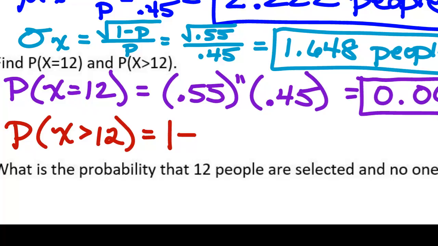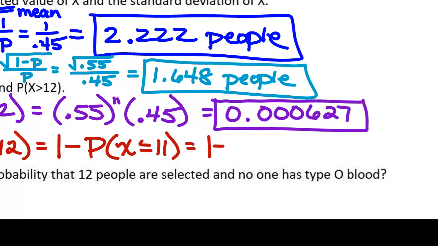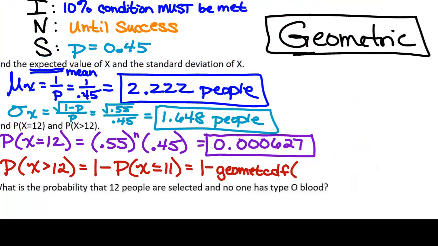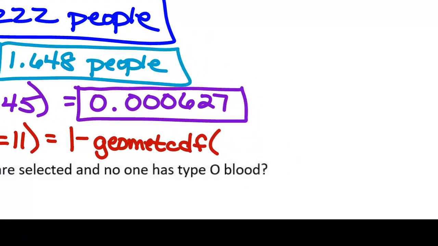Yes, 1 minus the probability that X is less than or equal to what? 11, yes. So I would do 1 minus, what kind of random variable did we say this was again? Geometric, so geometcdf. What parameters do I need to give geometcdf? I don't need a lower boundary on this one.